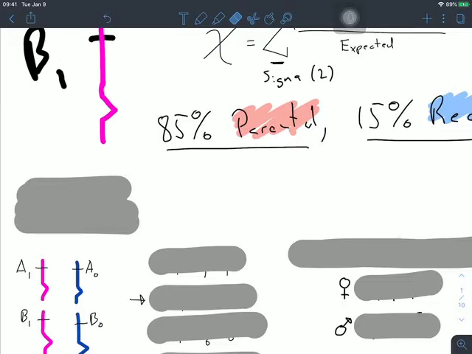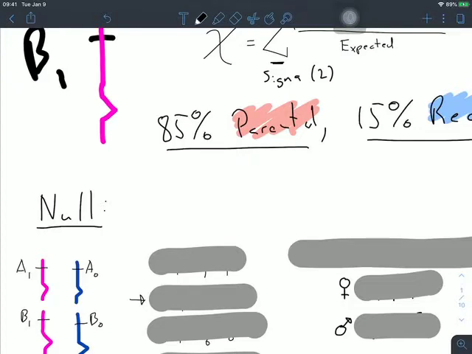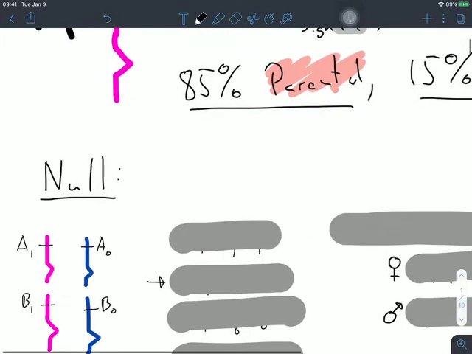And in this case, our problem is going to be our null hypothesis. The null hypothesis is the idea here that things are as expected. Things work as they seem. And in our case, our null hypothesis is that our loci are unlinked.